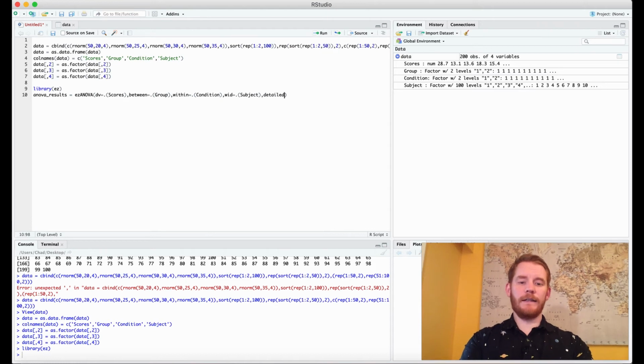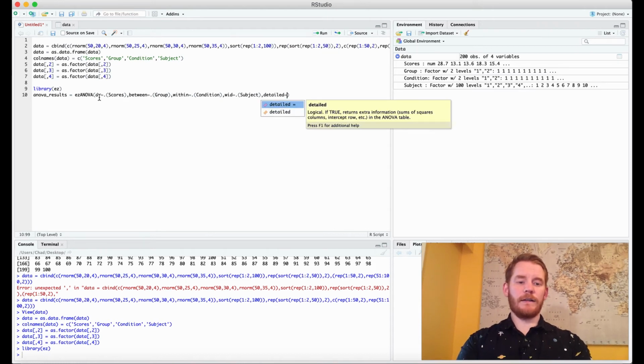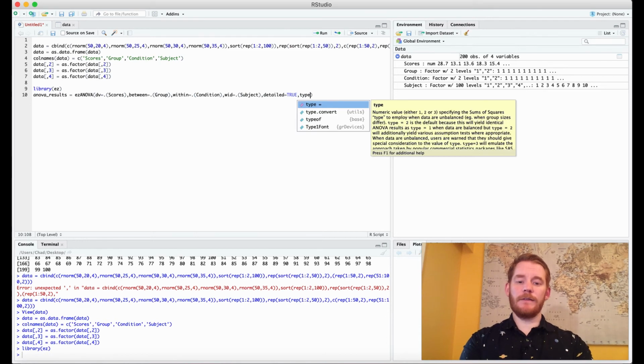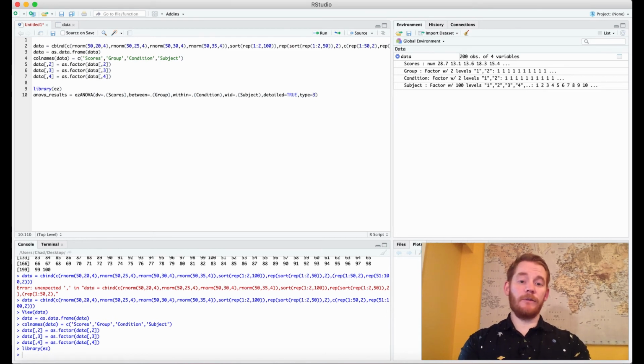And then we want a detailed output. We want to use a sums of squares type 3. If you don't know what that means, Google it because it's important. And we're going to say our data variable that we're looking at is data.